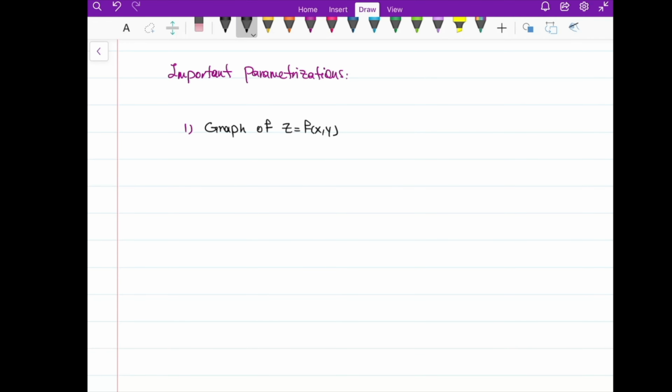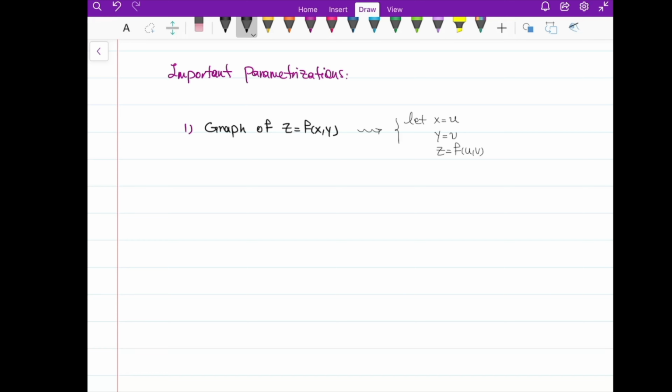Okay, if I want to parameterize that, I can say that I'm going to let x be my u, my first parameter, y be v, and then z would be f of u and v.